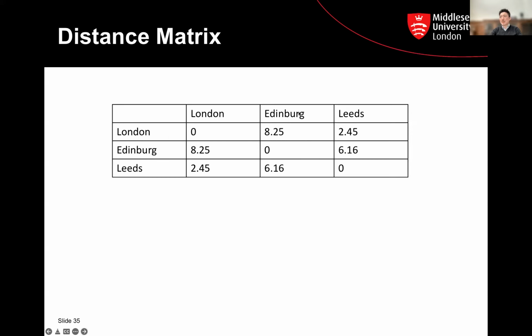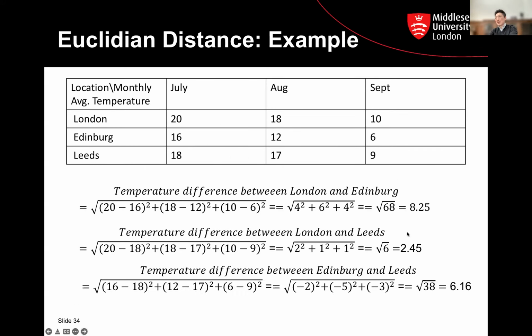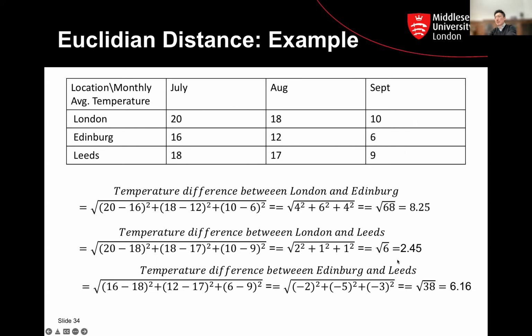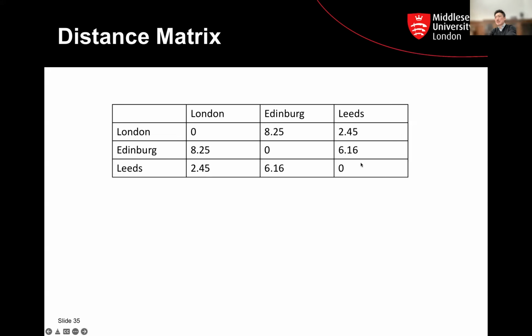And then the difference between Edinburgh and London is 8.25. That's what we calculated here. And between London and Leeds is 2.45, again what we calculated. And finally, between Leeds and Edinburgh is 6.16.